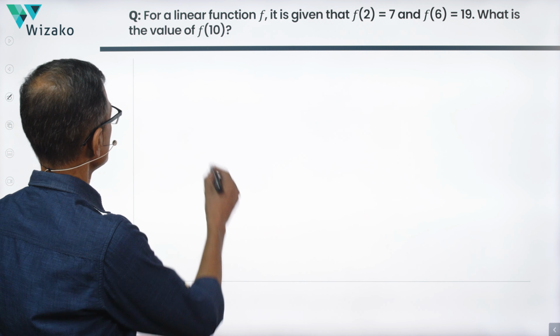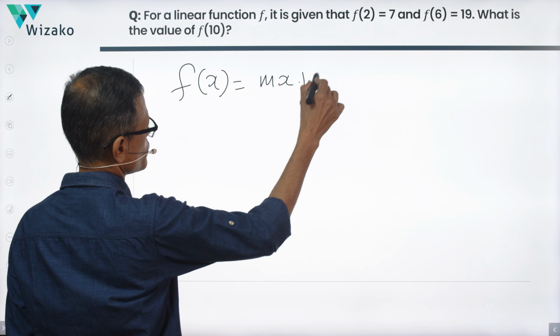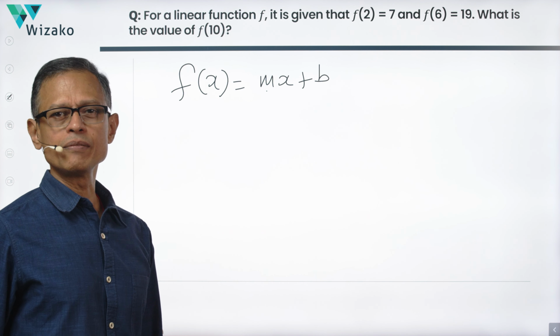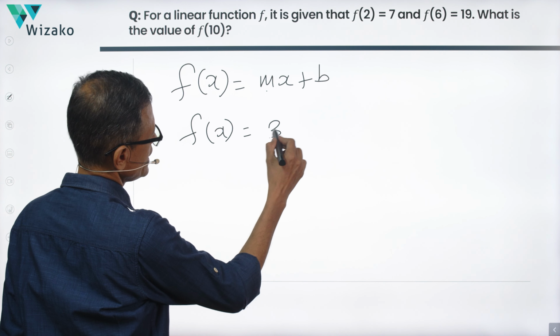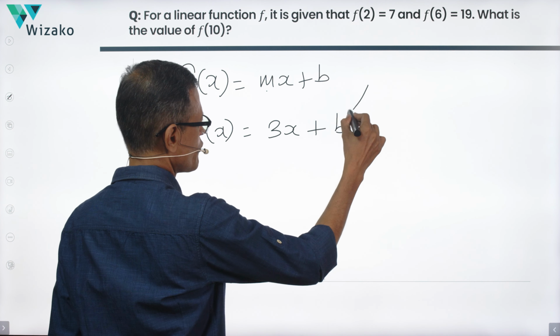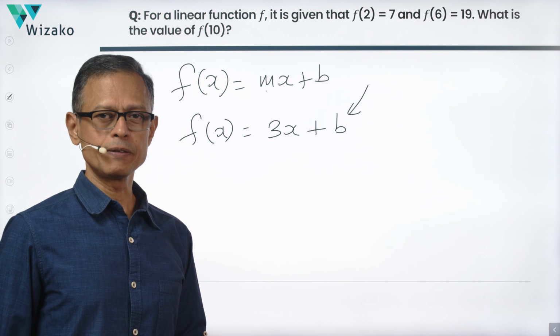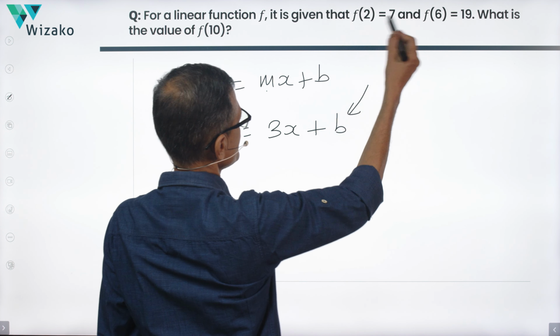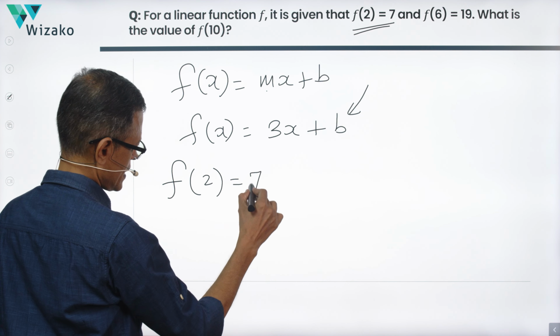What did we say the typical structure of a linear function is? It is f of x is equal to mx plus b. We computed the value of m to be 3. So f of x now is equal to 3x plus b. We need to find the second part of step 1, which is computing the y-intercept b. Do we know any f of x? Yes, we know the value of f of 2. f of 2 is equal to 7.